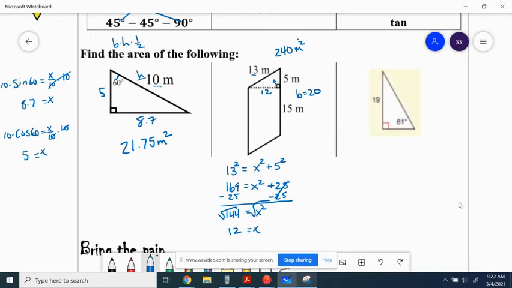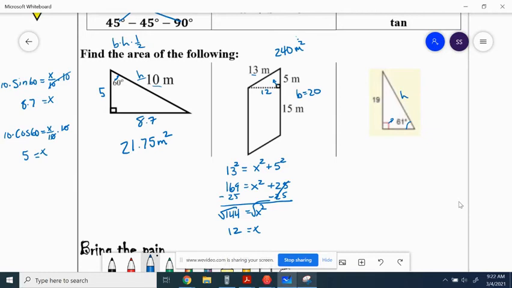All right, now let's look at this last triangle here. We have our height, but we don't have our base. Okay, so if I'm given one side length and the angle, I can use trig functions to figure that out. So let's go ahead and label our sides here. Across from the right angle is our hypotenuse.